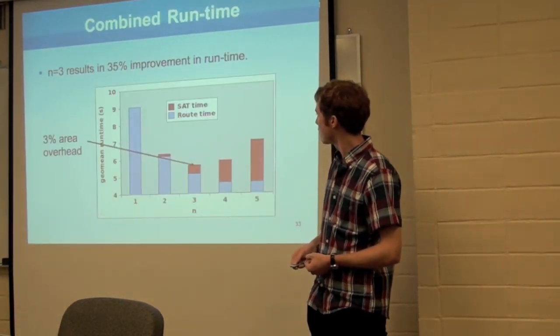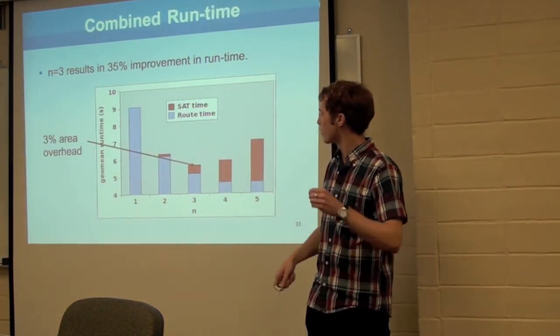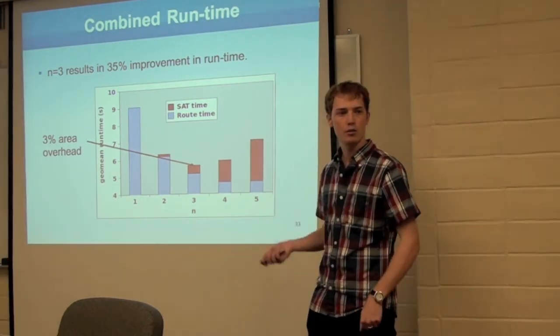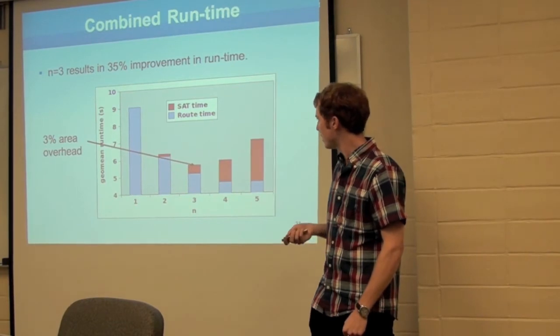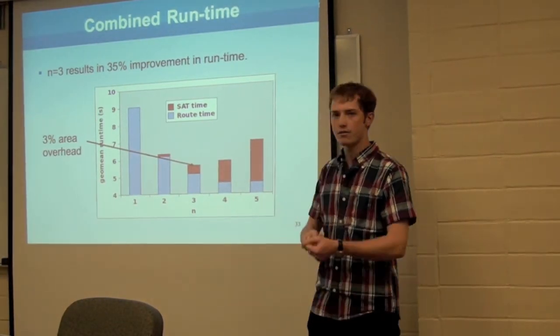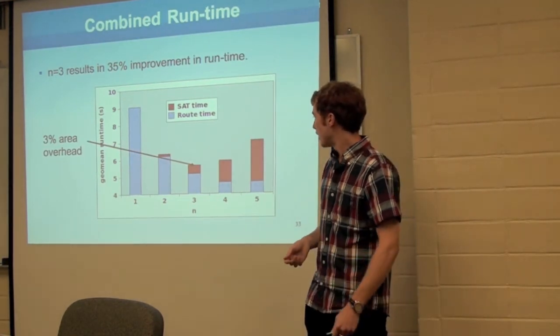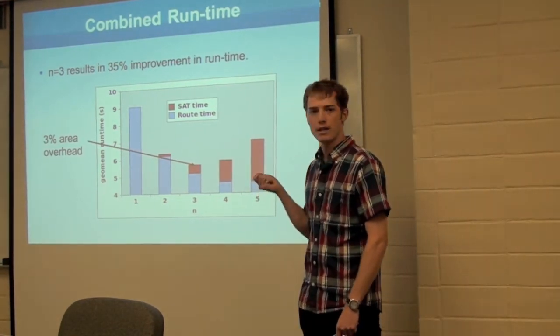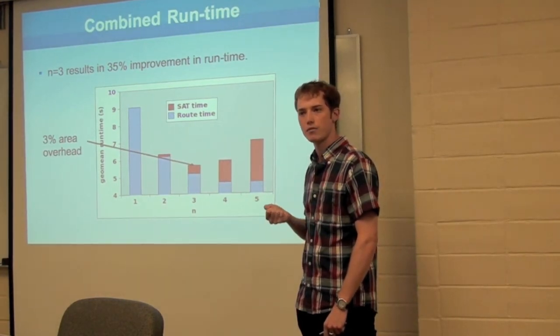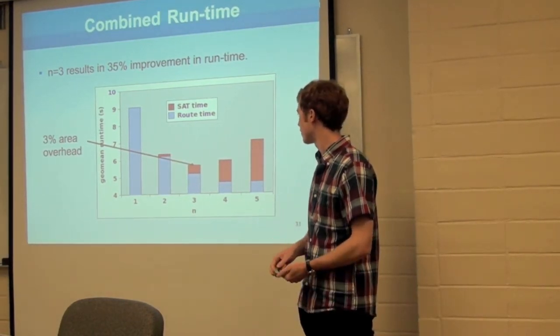Right, and here are the summary results. On the x-axis, again, I have coarseness. On the y-axis, I have runtime like last time. And now I have the SAT time stacked on top of the routing time. You can see that n equals 3 gets the best sum of runtime for Pathfinder and the SAT.